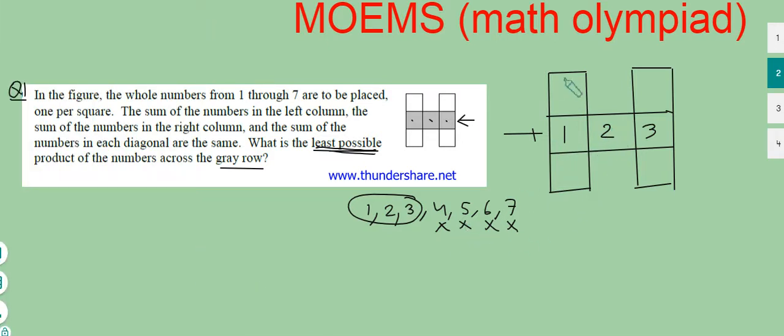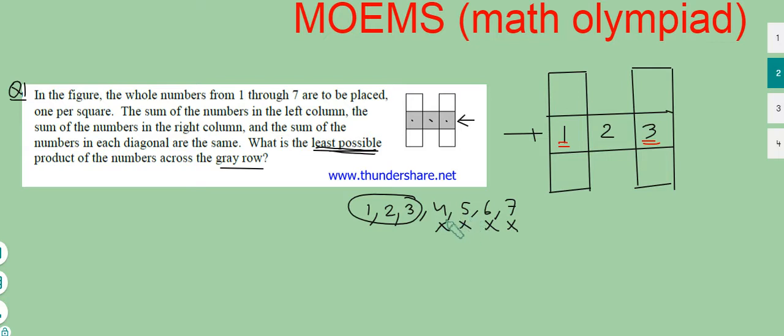the sum of the digits in the first column and the sum of the digits in the second column should be the same. Here we have 1, here we have 3. Now we have to think of the digits available with us.